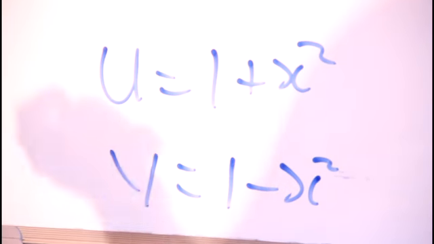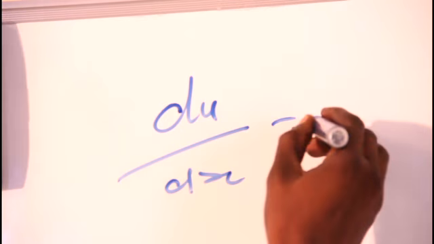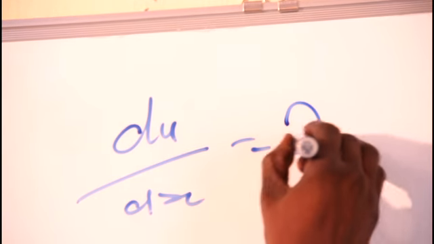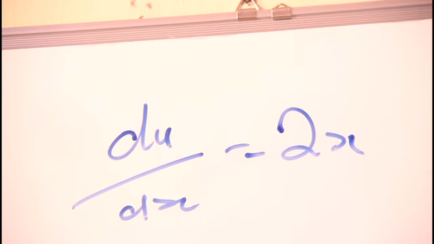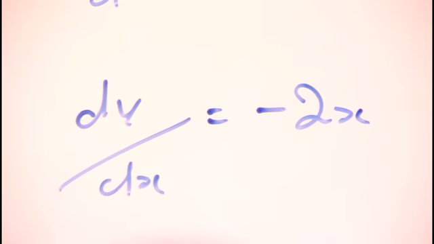Very simple. So based on that, let me find the derivative of the function u with respect to x. That will give us du over dx, which will be equal to 2x. Then the derivative of the function v with respect to x will be equal to minus 2x.